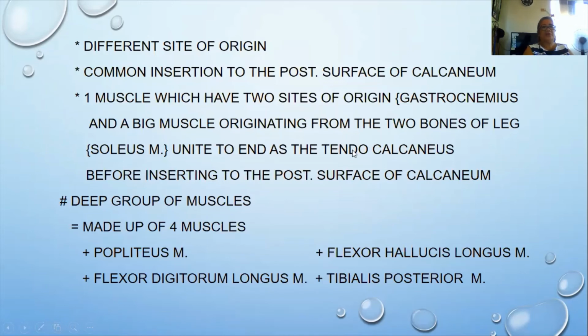Your tendocalcaneus is a big tendon at the posterior surface of your ankle joint. This is the weakness of Hercules, before inserting to the posterior surface of the calcaneum.